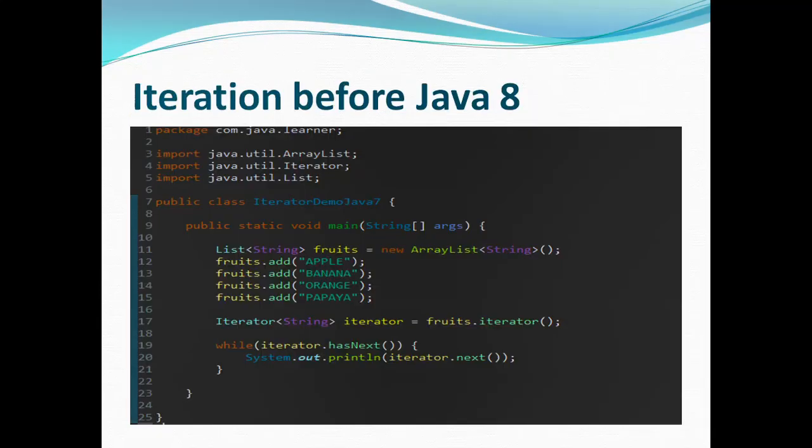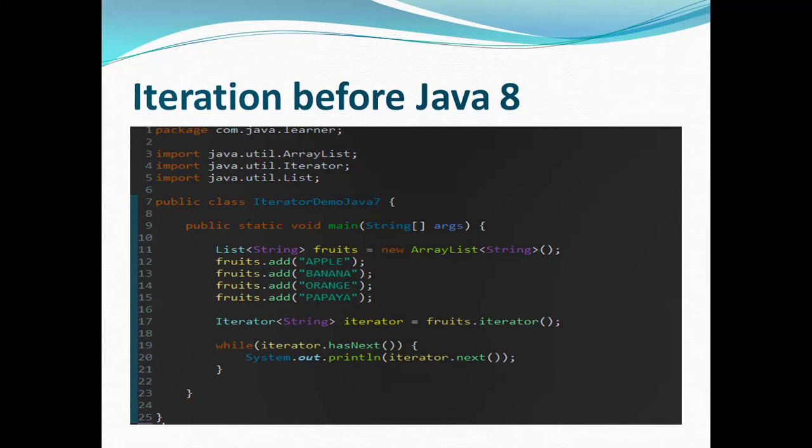So here we can see how we used to iterate over the collection before Java 8, until Java 7. Here is a list of strings having 4 elements, and we initialize the iterator from this list reference using the iterator method at line 17. And in order to iterate over each and every element, we need to use the while loop at line 19.